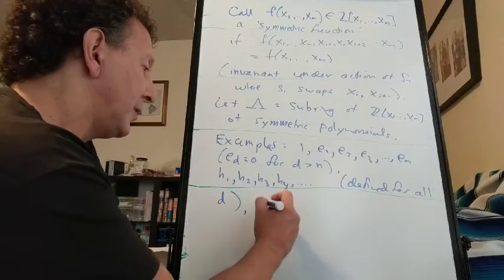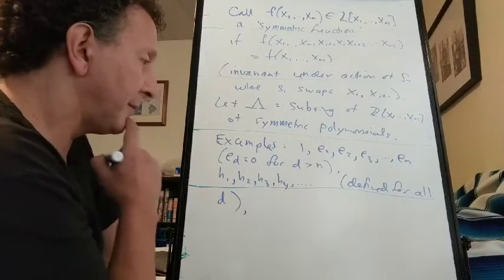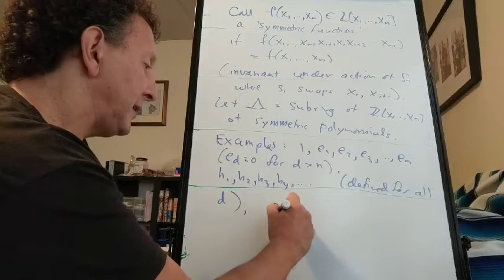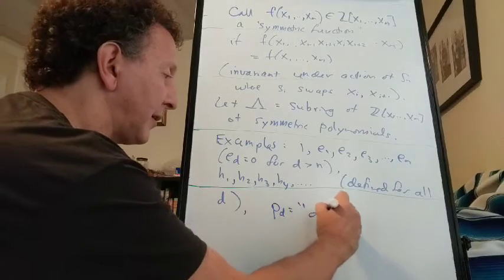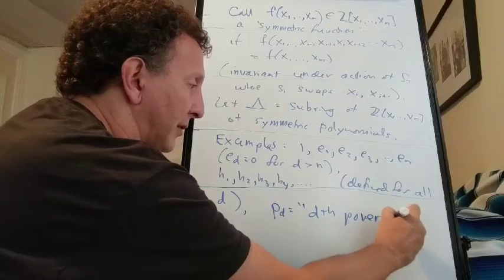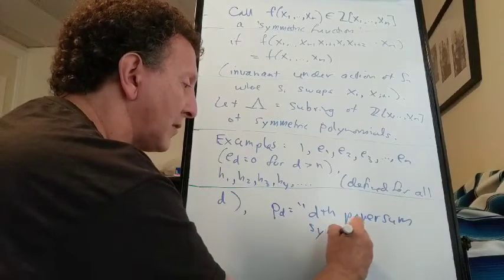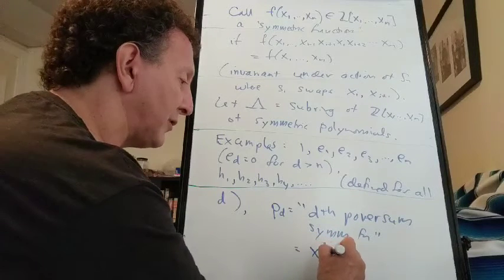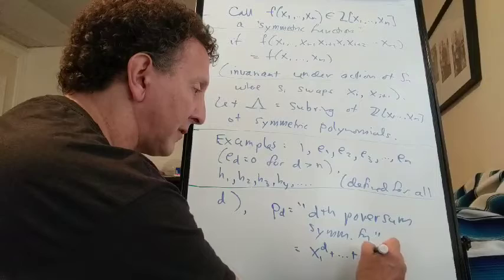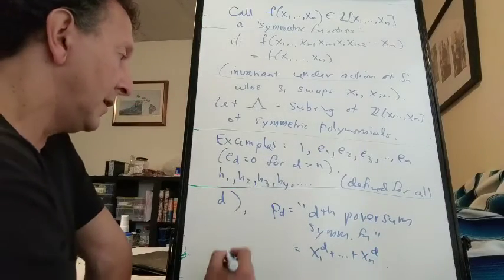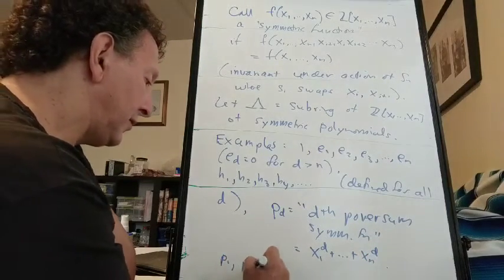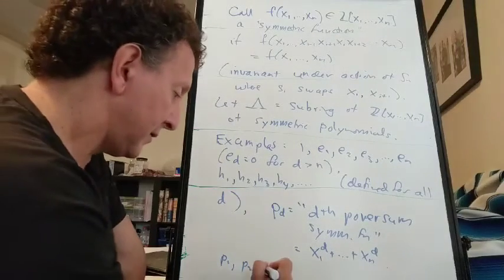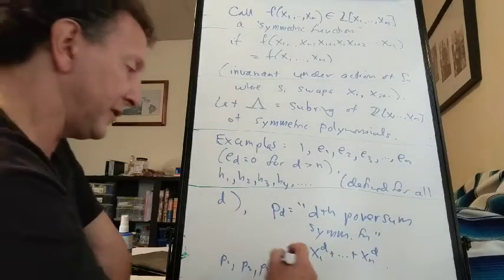And then we have more natural symmetric functions, which we could define by, let's let Pd be the dth power sum symmetric function, and let's let that be a sum of all dth powers of the variables. So P1, P2, P3, etc. are defined for all d.